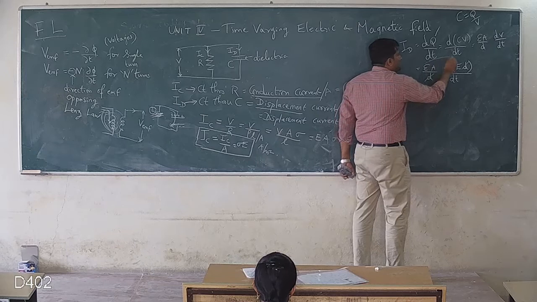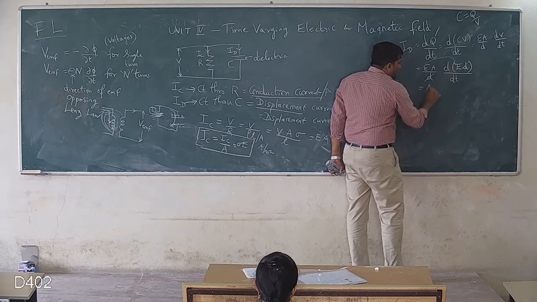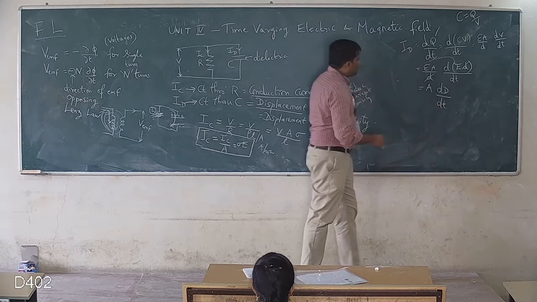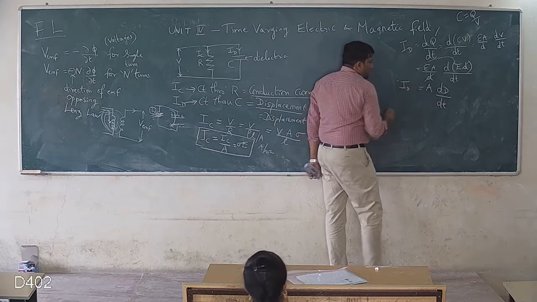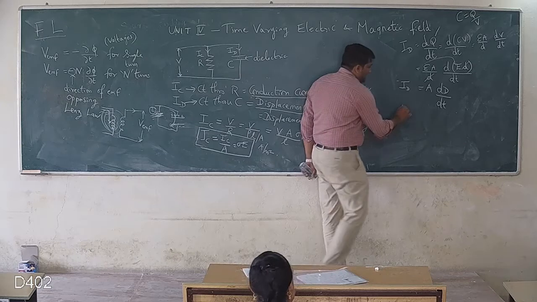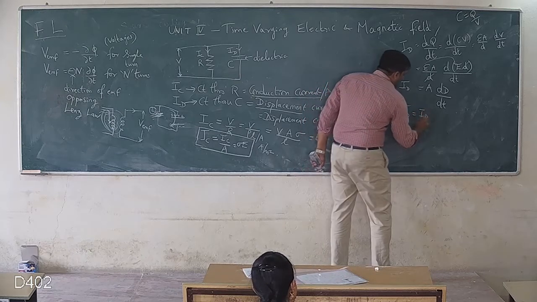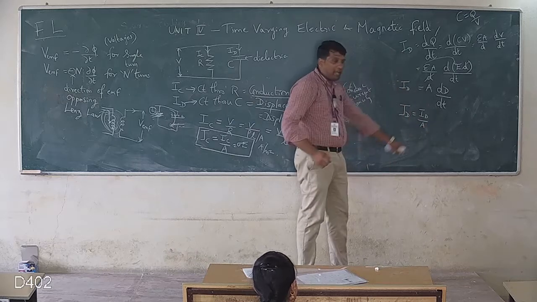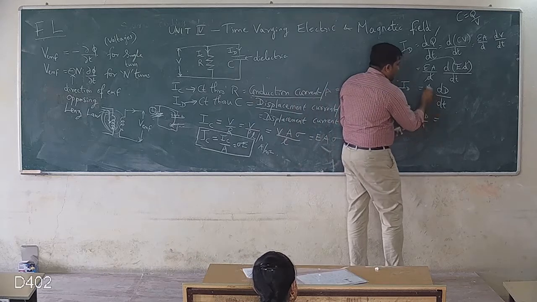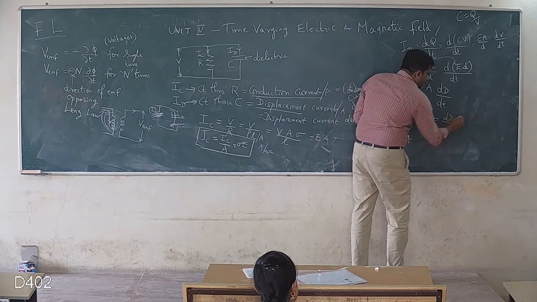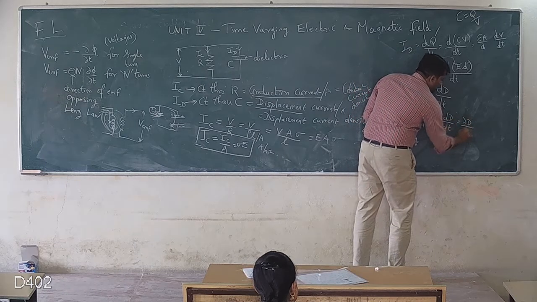If I take epsilon inside, it will become A into dD by dt. So this is your displacement current. If I want to find the displacement current density, I can put JD. JD is equal to ID by A. Per unit area, if I take area outside, it will become dD by dt. Still I can write it as dou D by dou t.